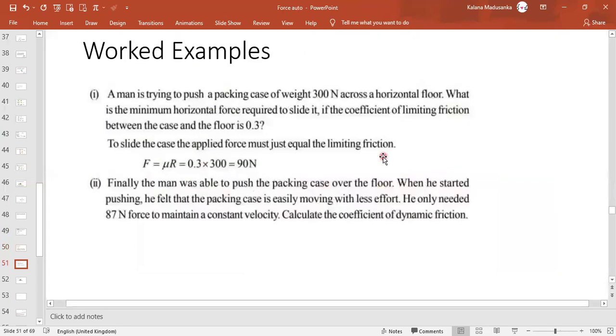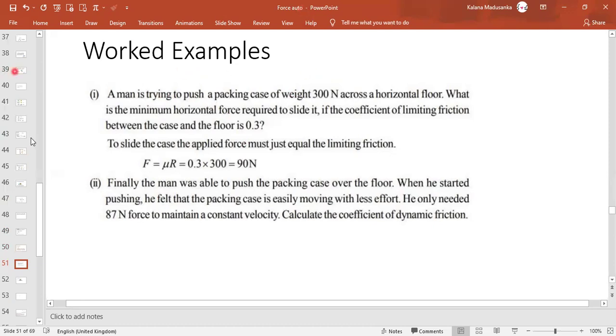You can try to do this example actually. Or we can try this one now. A man is trying to push a package case weighing 300 Newton. You can give me the final answer in the chat box.